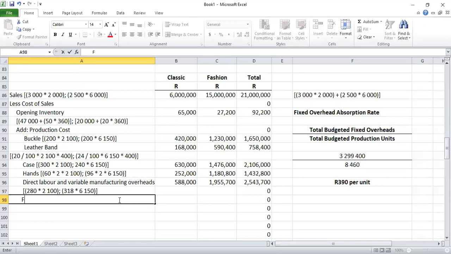So we'll have our fixed manufacturing overheads: $390 multiplied by 2,100, then 390 multiplied by 6,150.